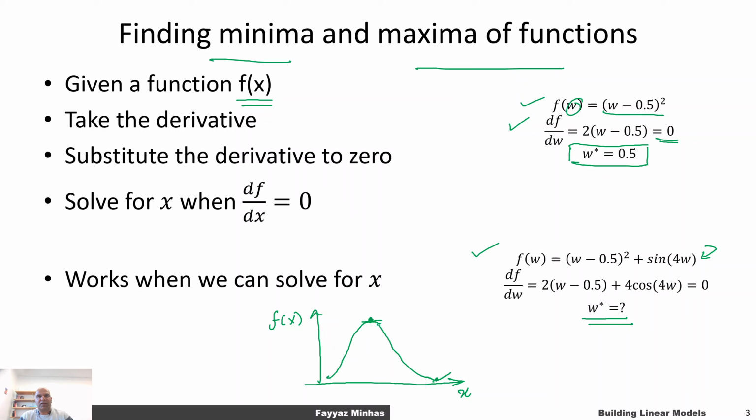But if you take a small step to the right, in this case, then we know that the slope of this function is negative. So it has negative slope at this particular point, because the function is decreasing, right?